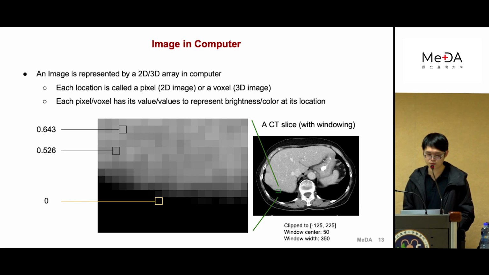In this example, we use 0 to represent the black area, so every small square here is marked as 0, and some squares are marked with other values, like 0.643, which is brighter than 0.526.